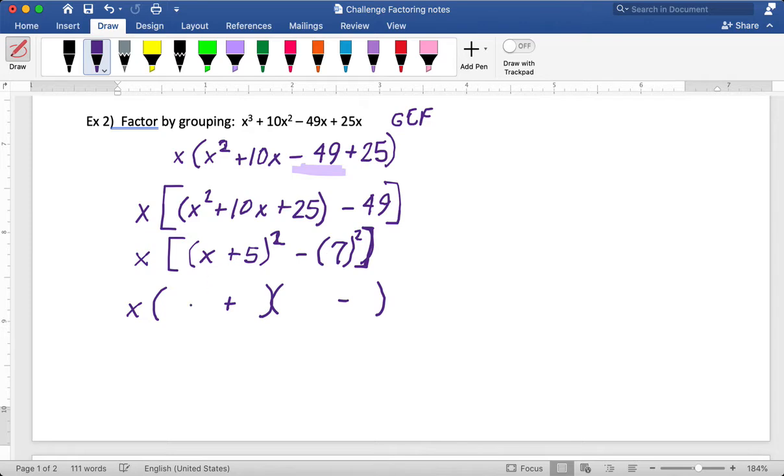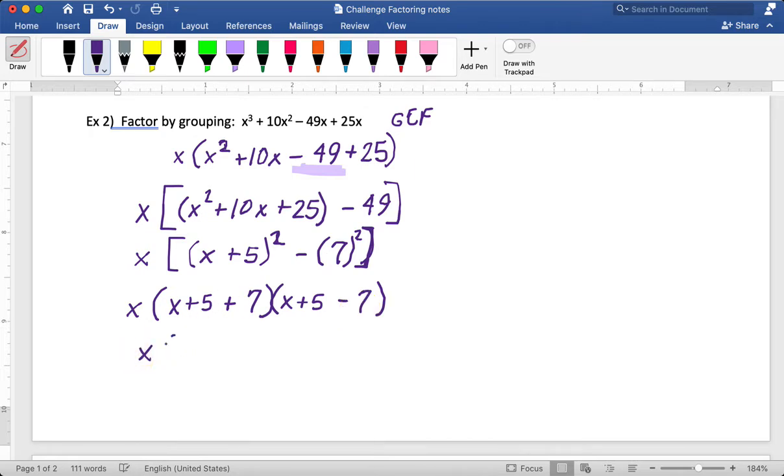My quantity here, x plus 5, is my a value, if you will. So this becomes x plus 5 plus 7 times x plus 5 minus 7. And we're not done because you have to combine this inside the grouping.